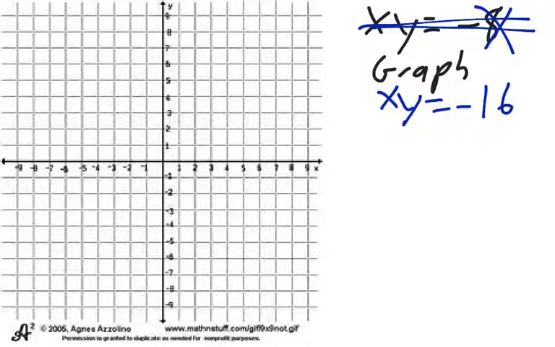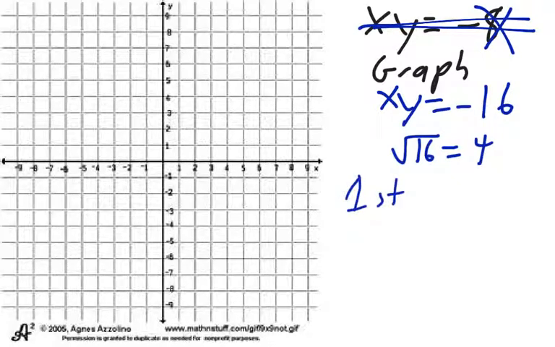So we can't really do the square root of negative 16 in order to find our two vertices for an xy hyperbola. So the square root of 16 is equal to 4, and I'm going to be in the first and the third quadrants, I'm sorry, not the first and the third, that's for positive.